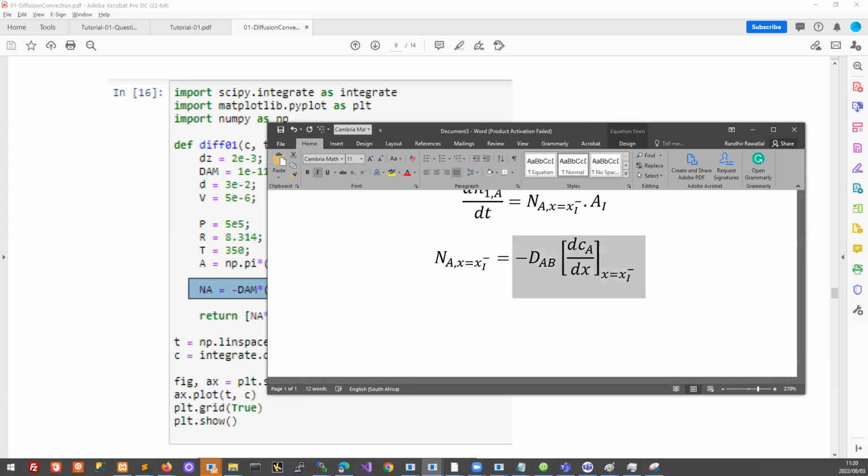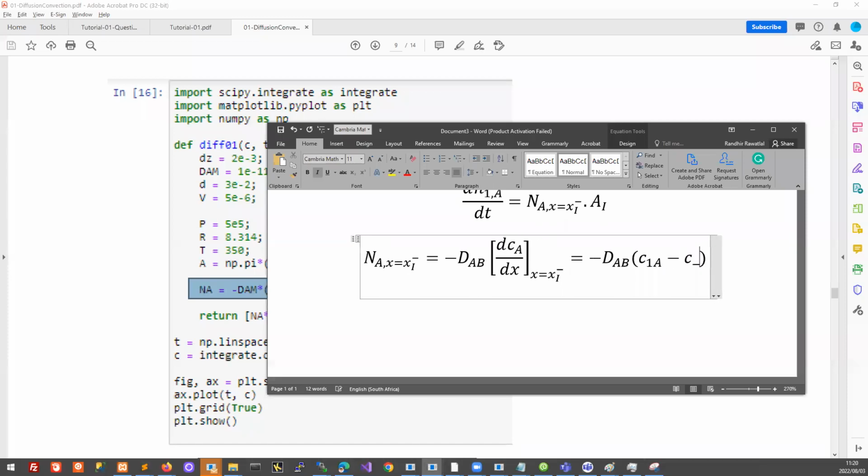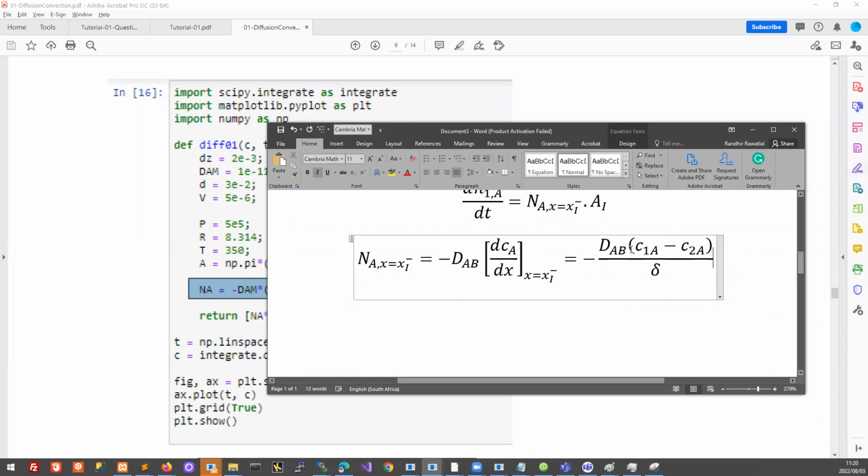So we can say this is going to be the concentration in the first cell of component A minus the concentration in the second cell also of component A, and then divided by the thickness of the membrane, which we'll call delta. So this is our estimate of the flux across the interface.